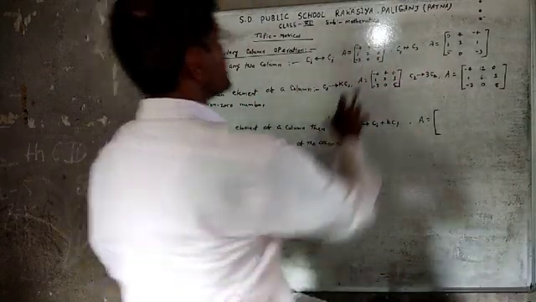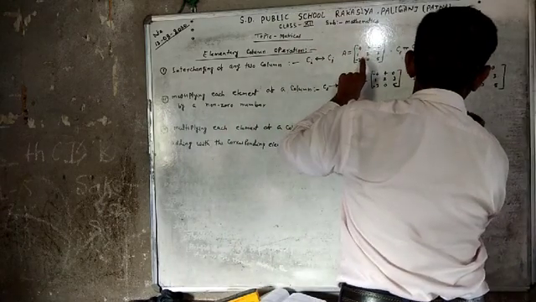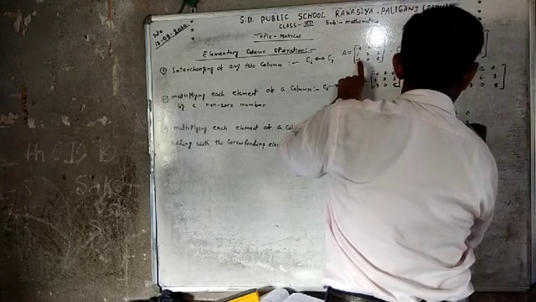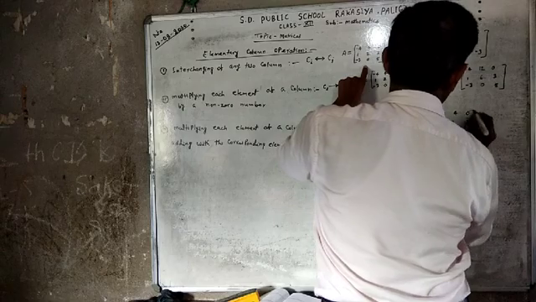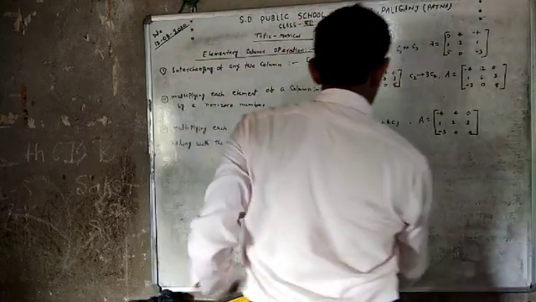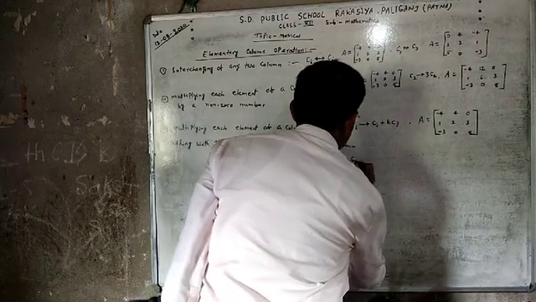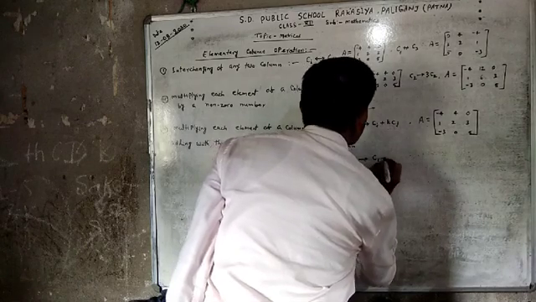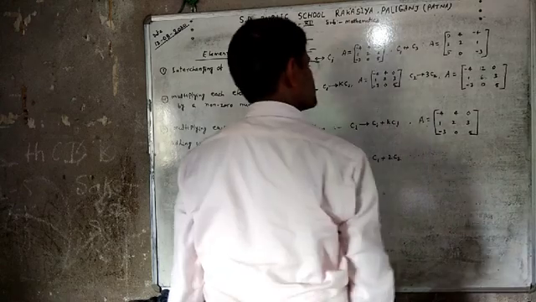The given matrix is a 3 by 3 matrix. The first row is -4, 4, and 0. The second row is 1, 2, and 3. The third row is -3, 0, and 5. It is the given matrix. And suppose we have to find C1 interchanged into C1 plus 2C2.